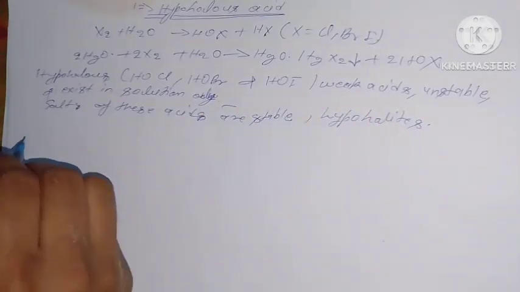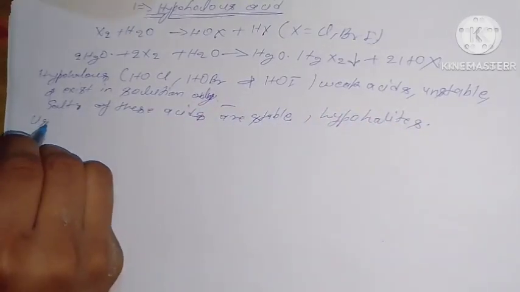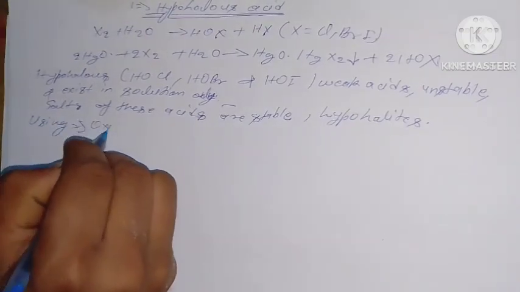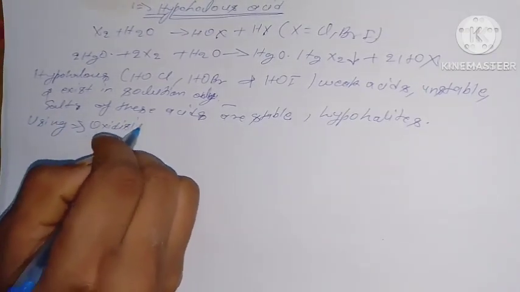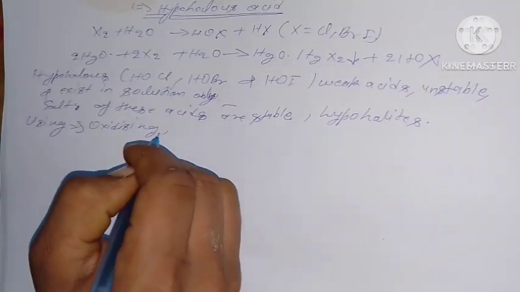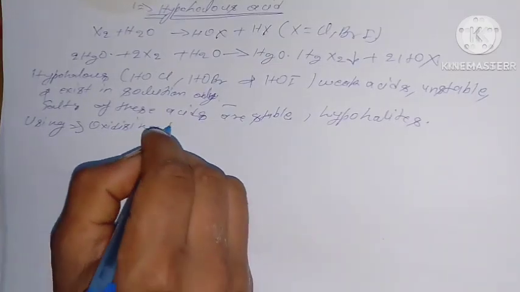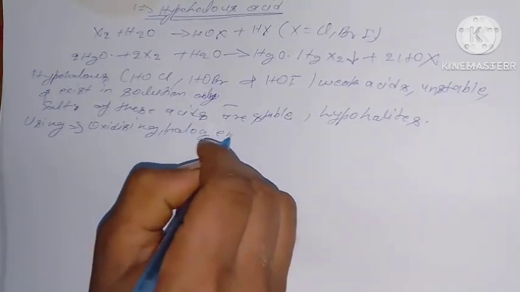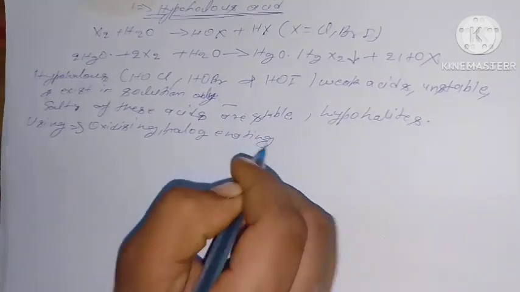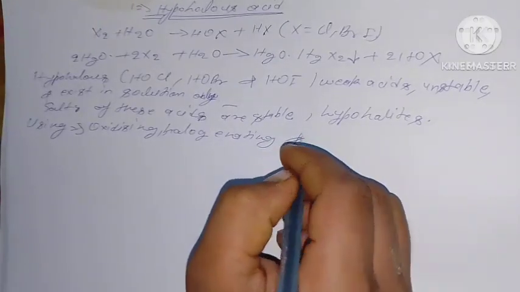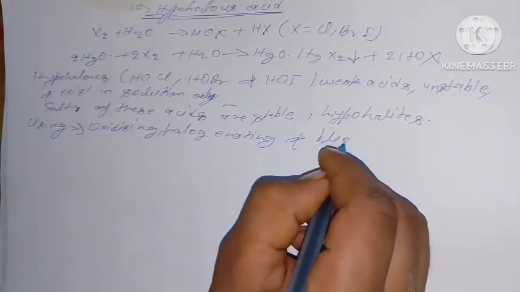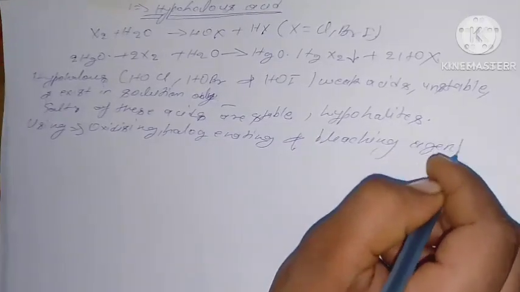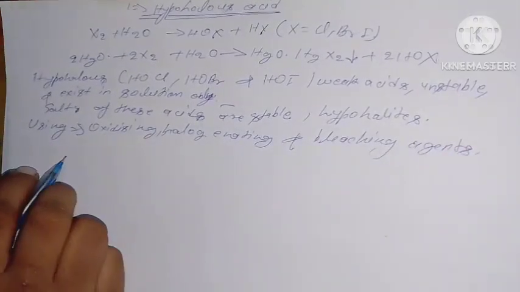Hypohalites are used as oxidizing, halogenating and bleaching agents.